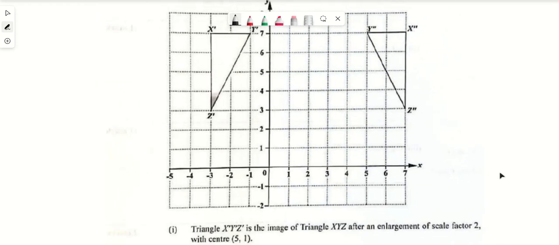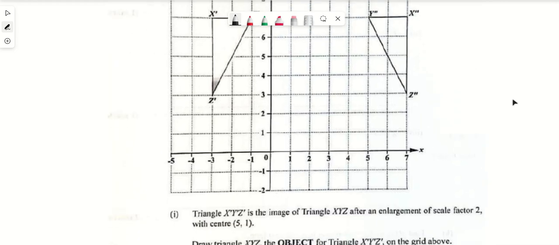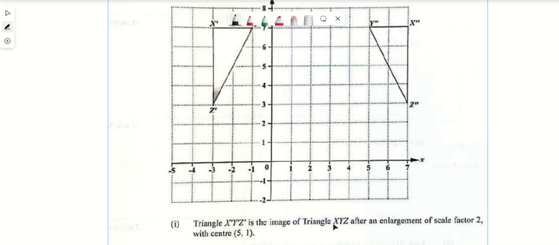So first off, this here would be the shape of image X, Y, and Z. And for enlargement, first we need to locate where (5, 1) is. So that is this here.